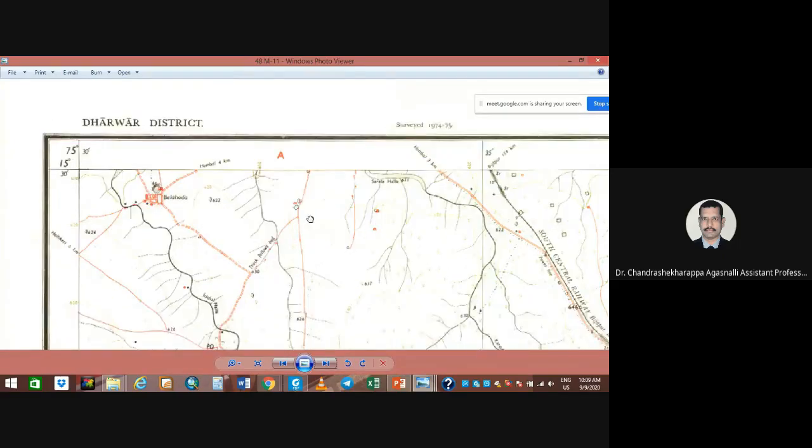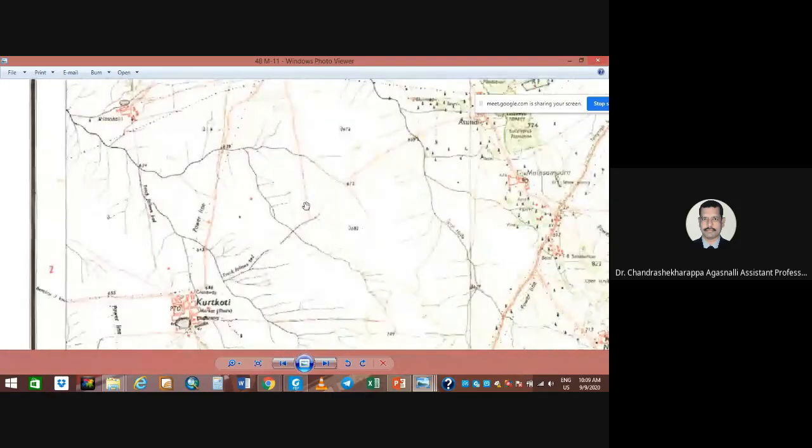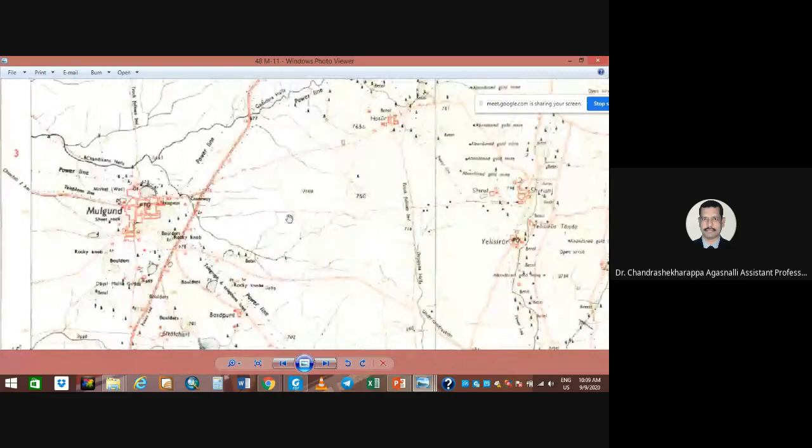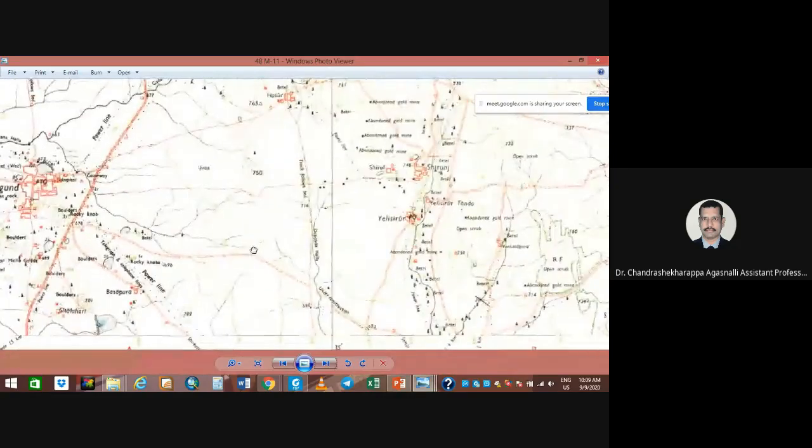And now we are going to read it. Mulgunda, yeah. So here is the index for this particular topo sheet. So roads, metal roads, you can see that, and the distance, the same distance for that.